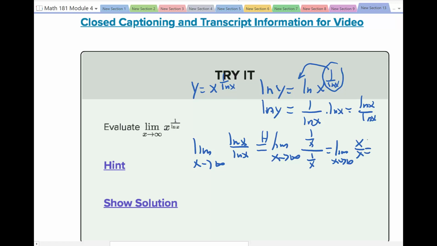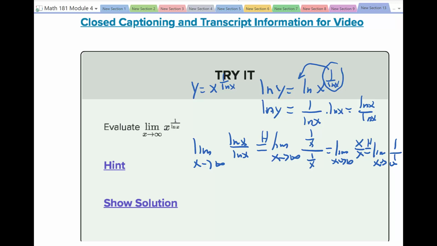And if I apply L'Hopital's rule again, I have the limit as x goes to infinity of 1 over 1. Oh, 1, not x. Which is 1. So he was right, but part of me just felt like I was taking a shortcut.